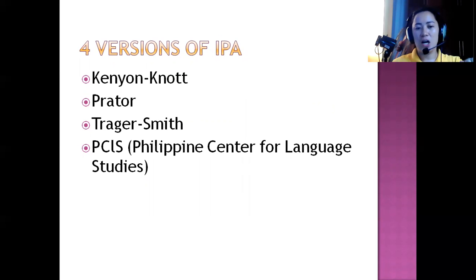First is the Kenyon, the Prator, the Thomas-Smith, and the PCLS. Some professors would require you to use a certain version. Some would prefer PCLS since it is very clear. It is very close to the American alphabet or the phonetic sound itself.